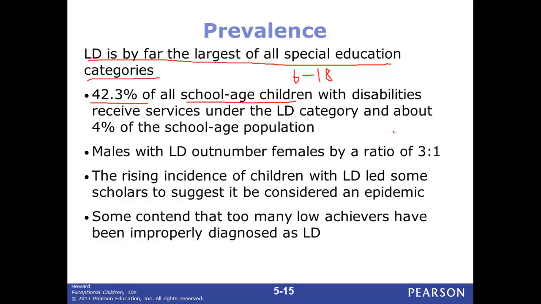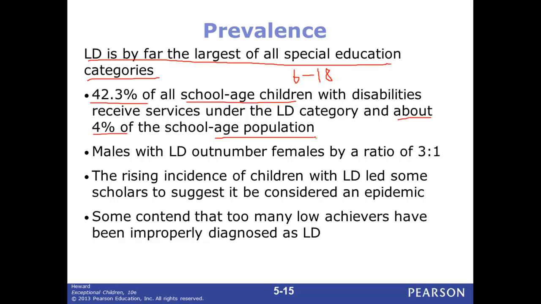But that accounts for about 4% of the entire population in the school. So as you look at the student body in the school you're teaching at, know that around 4% of them are diagnosed with learning disabilities. Diagnosed, served in that category. Many could formally have that.